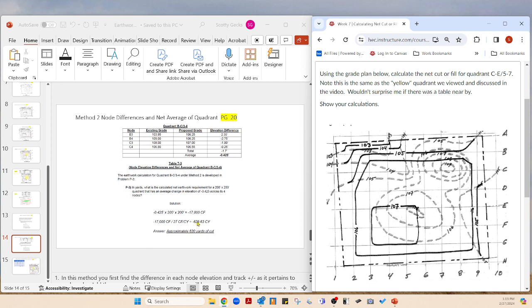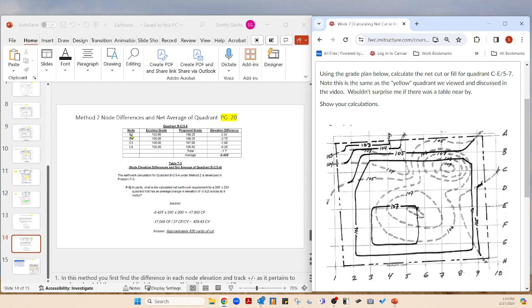If you come up with a positive number, that's a cut, so you would need to haul some dirt in. If you end up with a fill, you don't need to borrow. If you end up with a positive net cubic yard, you're going to need to bring that amount of dirt in.